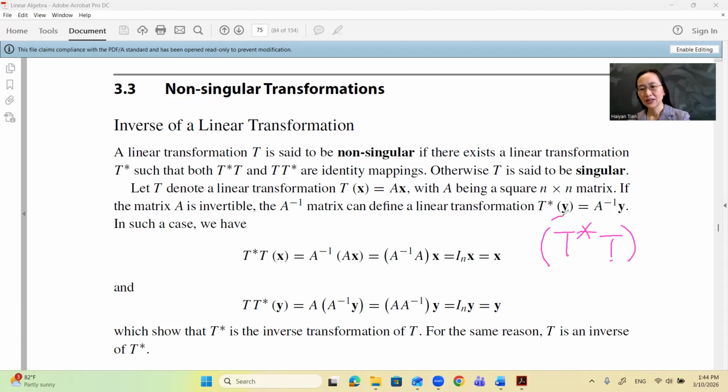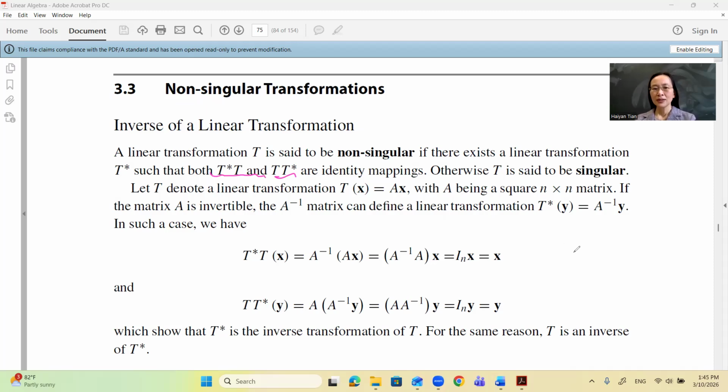So this is another transformation. If this T star times T and also T T star are both identity mappings, so if this is true, then we say T is non-singular.